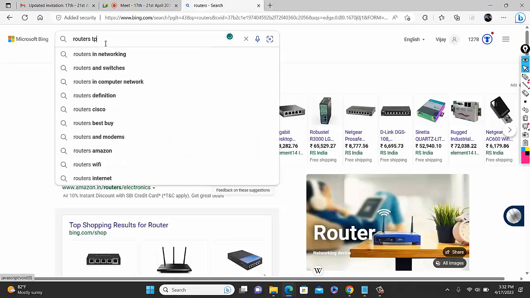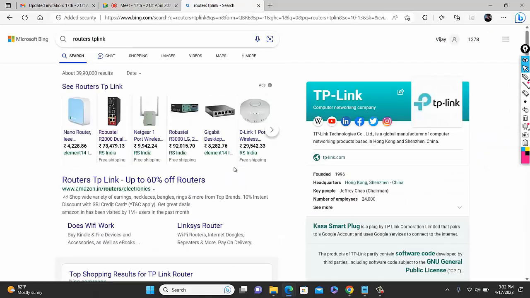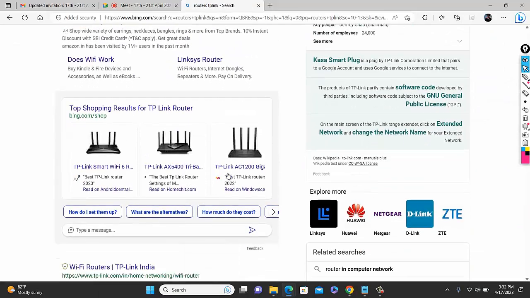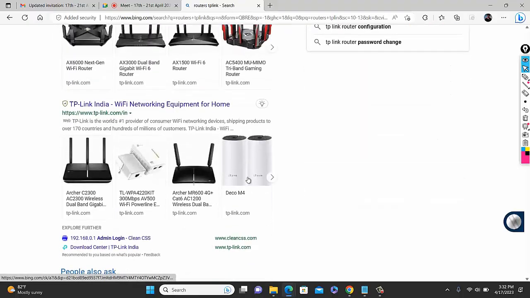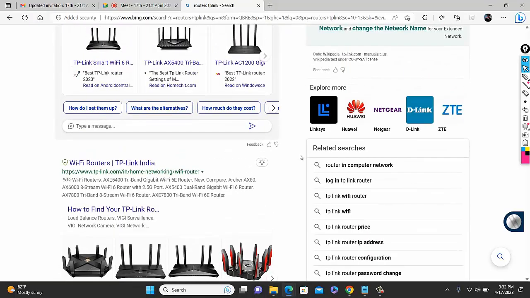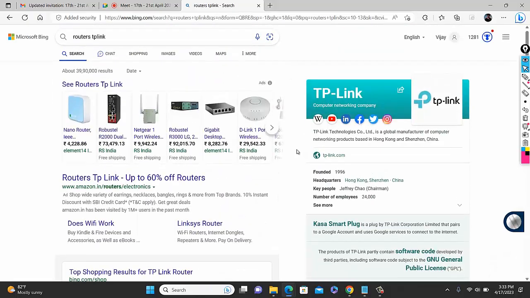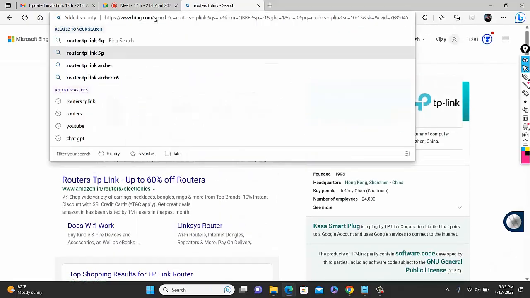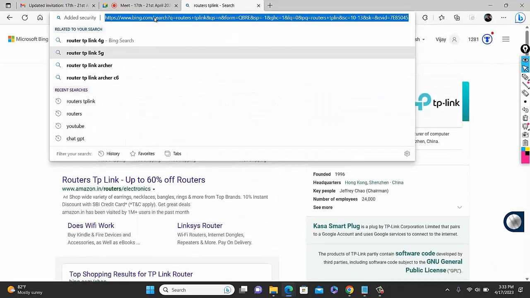And if you search for a TP-Link router, you will see a very low cost, like 2000 or 1500. It is not showing here, but it means there is one router with a very low cost, and on the other hand, another router with a very high cost. So what do you think the difference will be?